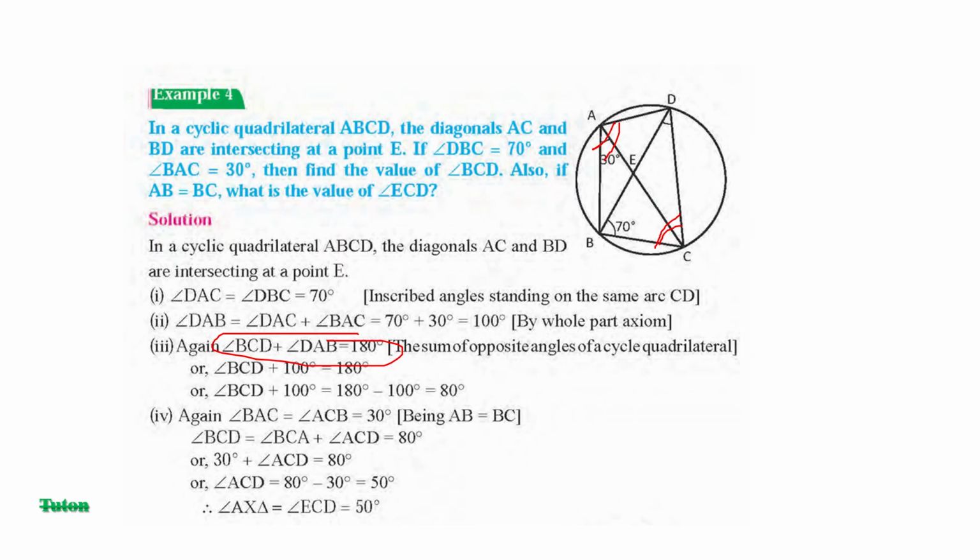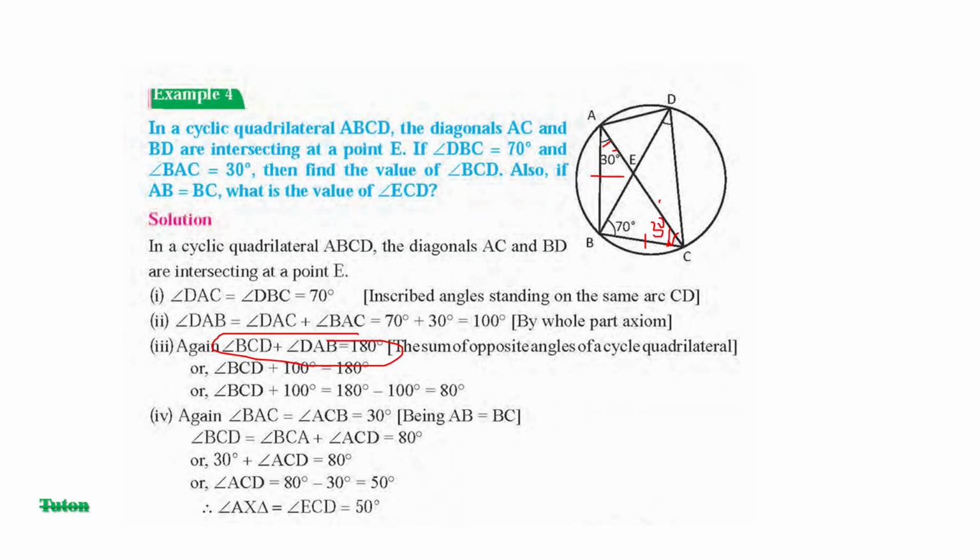Now moving on to solving the second part of the question, we have to find the value for ECD, as represented by this section. Here we have been given by the question that sides AB and BC are equal. Since the sides AB and BC are equal, the angle BAC, which is 30 degrees, and angle BCA, will also be 30 degrees.